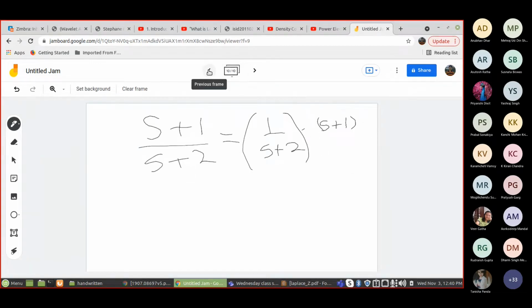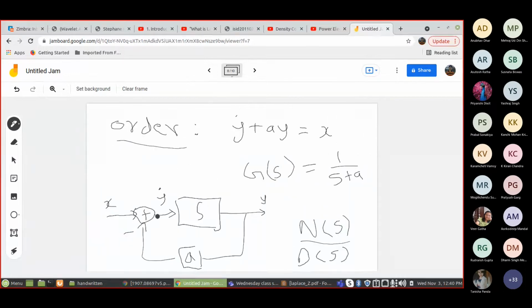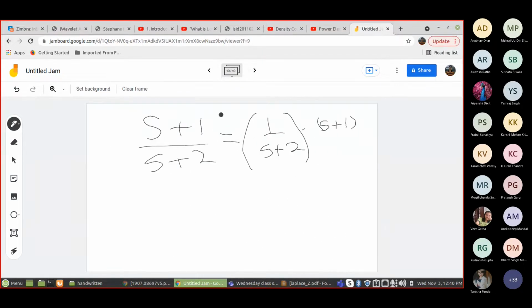So I hope that is fine. Y dot is already available in this realization. You just take it out, multiply y with 2 and add it up. So that's how you are realizing y dot plus 2 times y to the right of this. That is one way to realize a rational function.